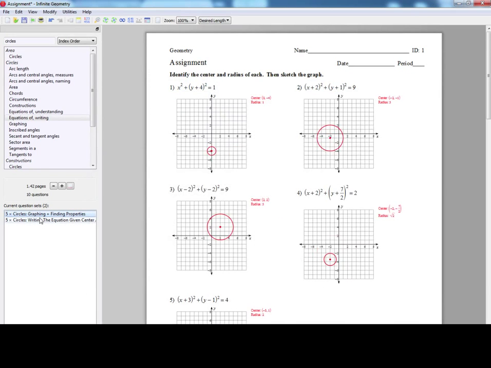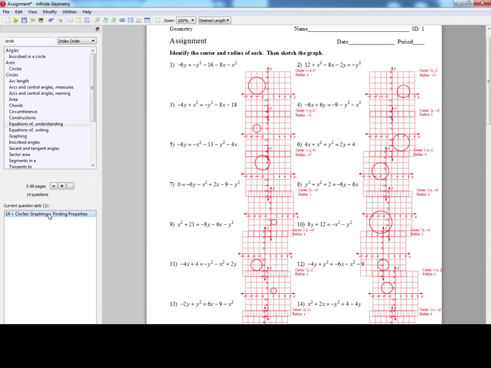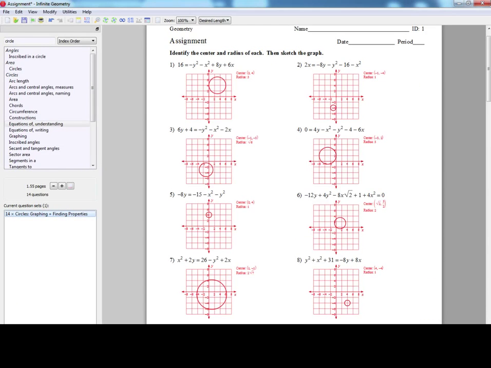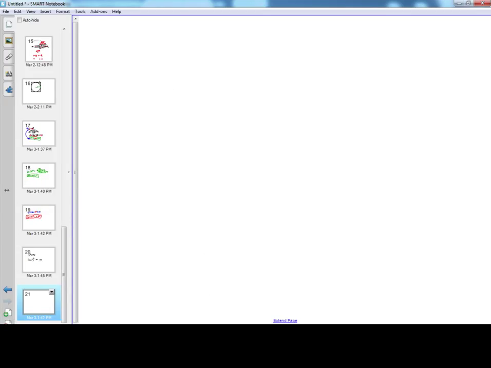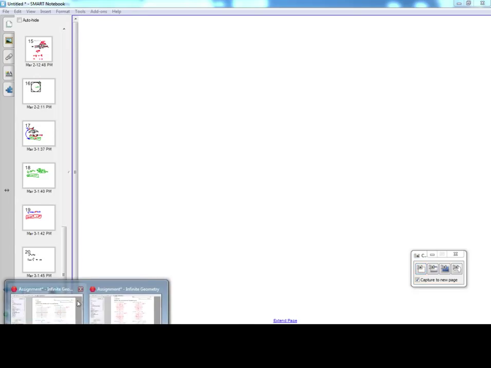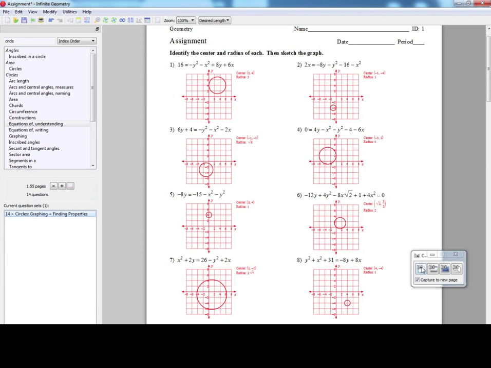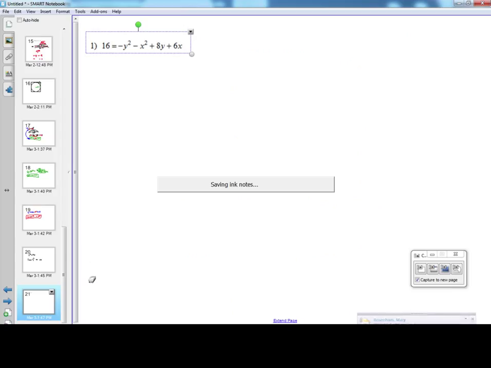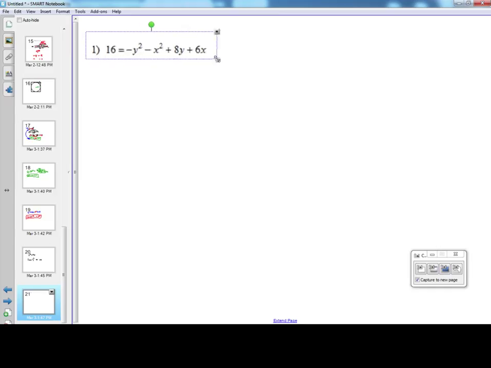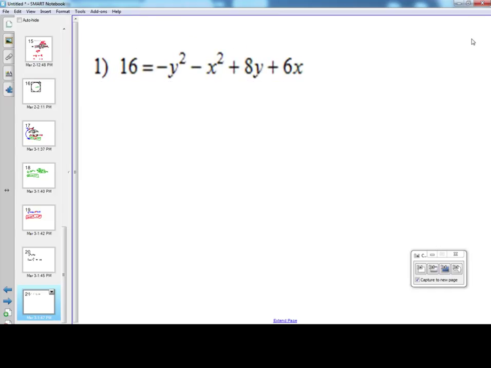So I want to show you what an equation of a circle actually looks like. That's what an equation of a circle looks like.